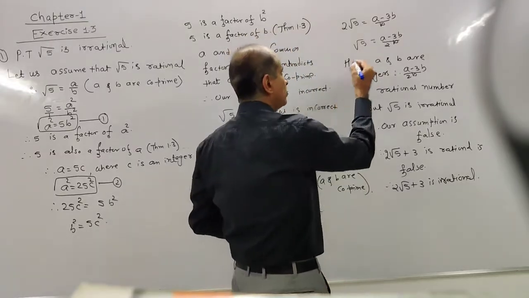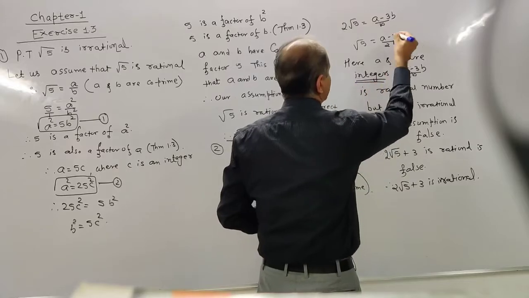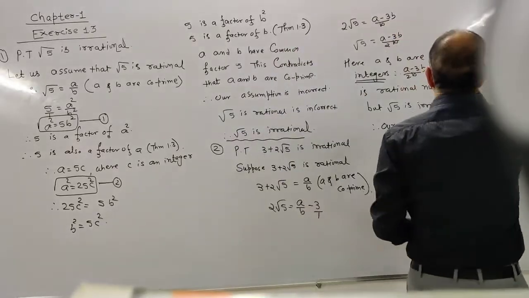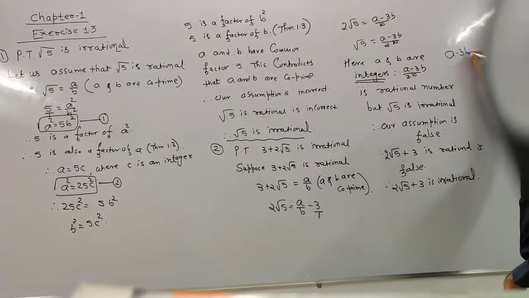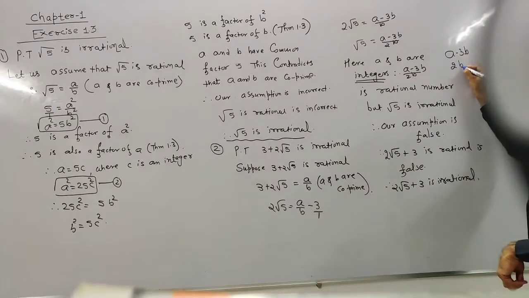Now you know a and b are integers, and that's why a minus 3b is also an integer and 2b is also an integer.